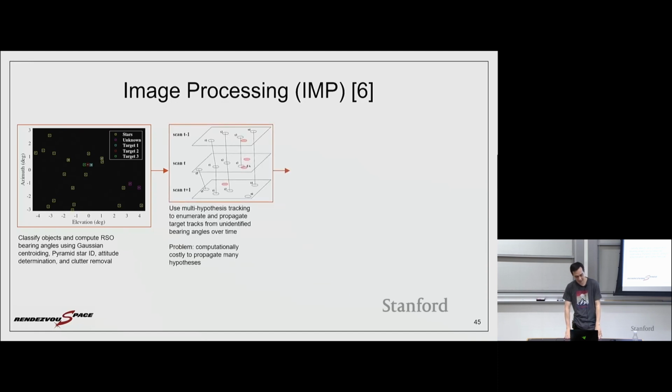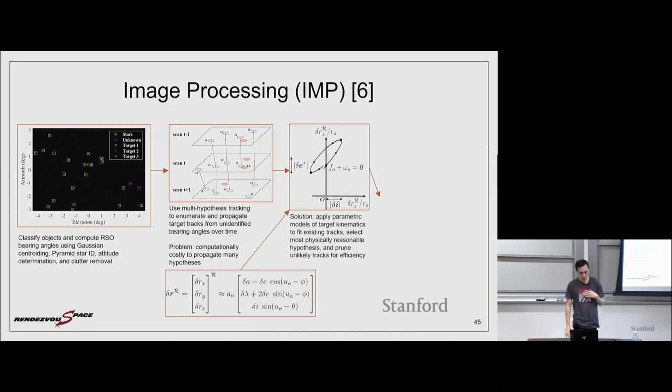The question then is, how do we map these unidentified vectors to potential targets? We apply an approach called multi-hypothesis tracking, which looks at all the possible ways we can connect these different unit vectors into tracks for targets and propagating those over time. I'll go into this approach a little more in the next slide, but the idea is that it's quite robust, but also costly in a computational sense for a spacecraft.